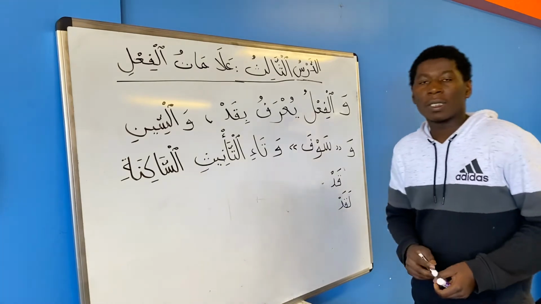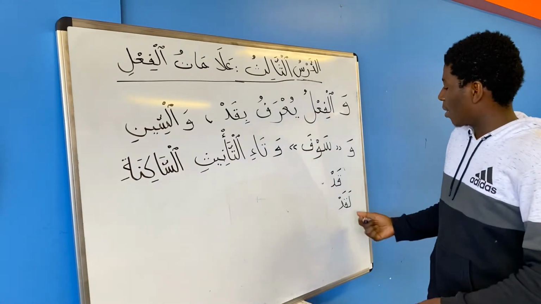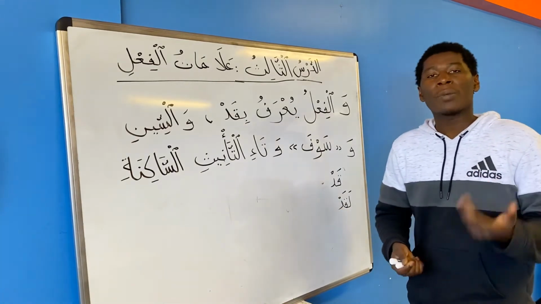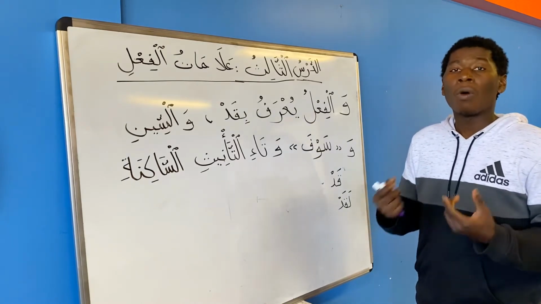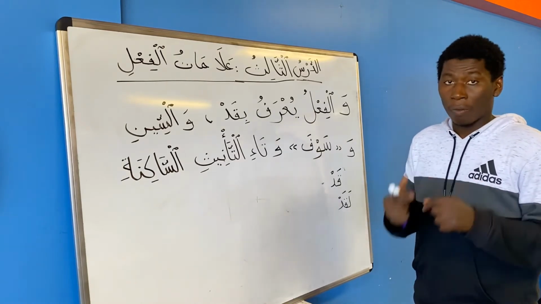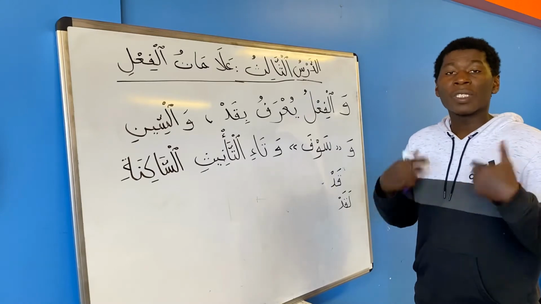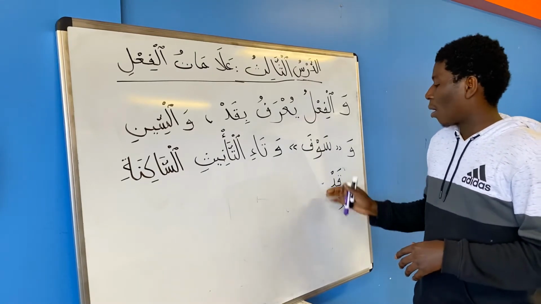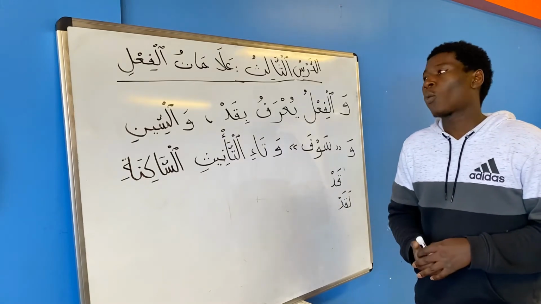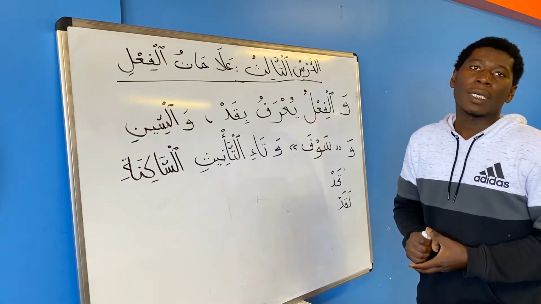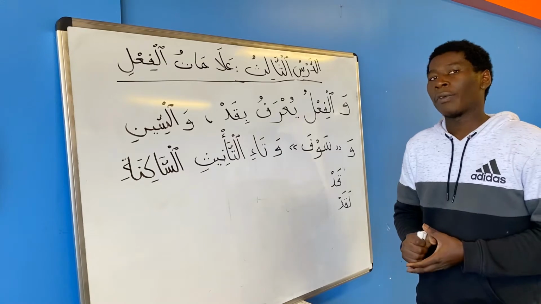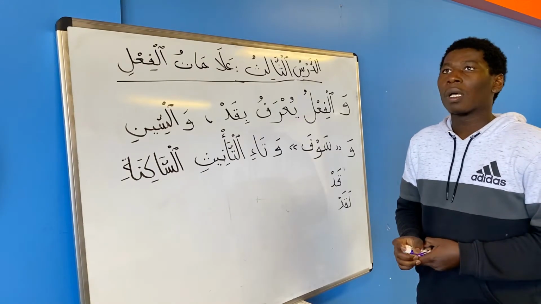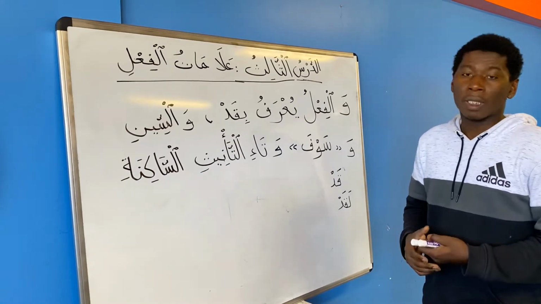So what is the difference? It's pretty much the same, but here it's more meaningful. In Arabic, more letters in the word brings more meaning. But they're about the same. Once I see it, then I know it's a verb. So let's look at an example.